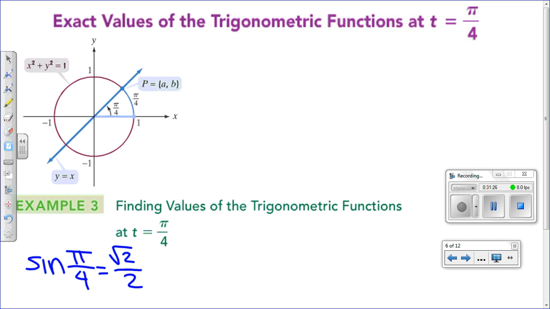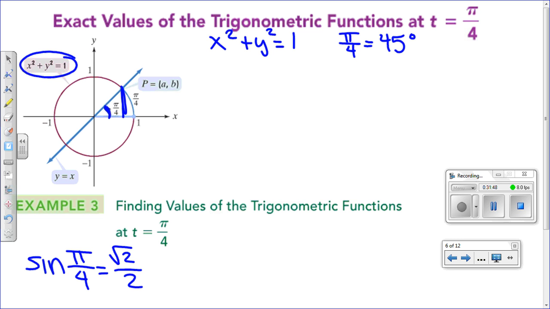So, we have the equation of the circle, so I'm going to start with that. x squared plus y squared is equal to 1. Now, what do we know about a triangle? A right triangle where one of the angles is pi over 4, which is equivalent to, what is it in degrees? 45 degrees.